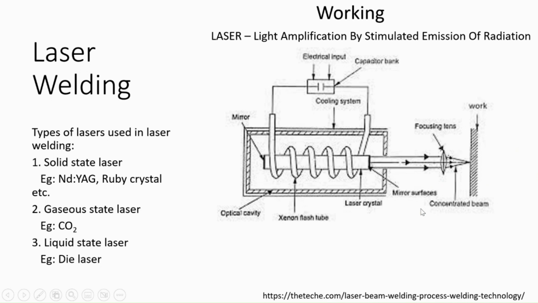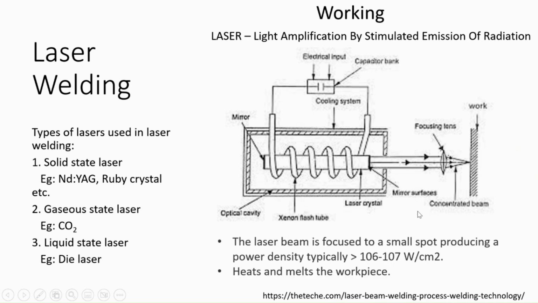So you're melting, then it is cooling, and welding is happening. The laser beam is focused to a small spot, producing a very high power density at a single spot, and hence you are able to convert the kinetic energy of a photon to heat and use it for welding. This is the principle behind laser welding.